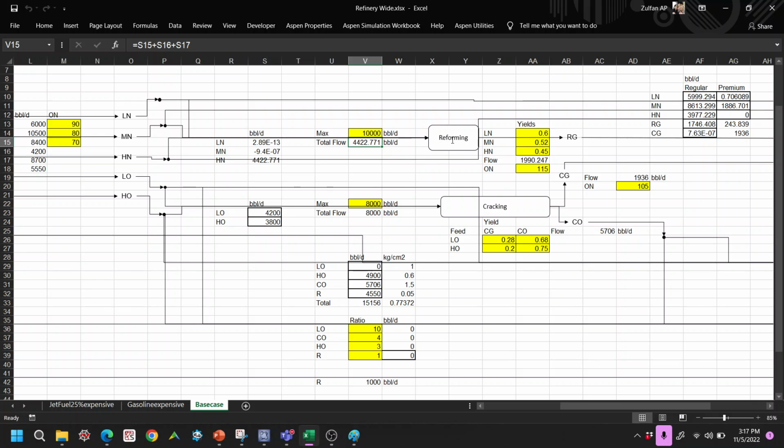Yeah, so you have another model for the reformer in the process simulation, which is much more detailed than this, because this is simply like a yield number. So for that reformer simulation, you have to fix the feed flow rate, and then you can fine tune the severity of the operations: the pressure, the space velocity, the temperature, the recycle, and so on and so forth, in such a way that you maximize the profitability of the reformer itself.